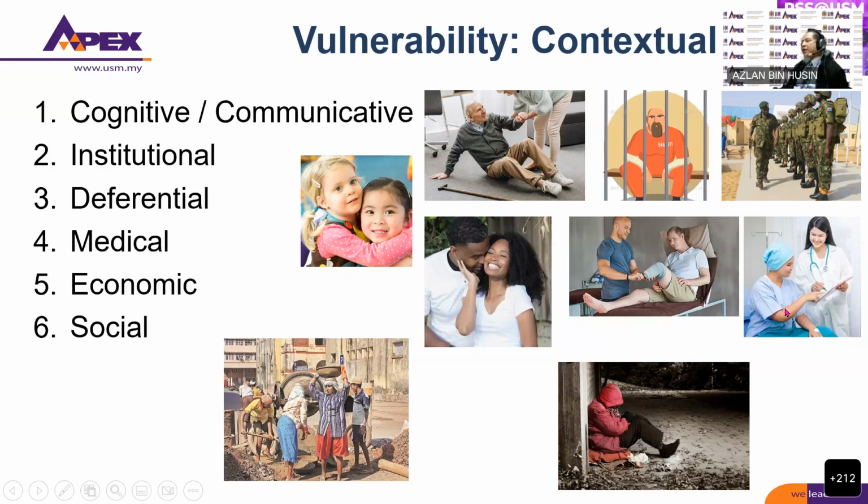So if you're not careful enough in explaining the situation to this patient, then their willingness to join your research can be clouded by the state of their medical vulnerability. And so for the economic and social vulnerability, whether they are poor, they are being isolated, they are being labeled as a second class community in society, and so on.